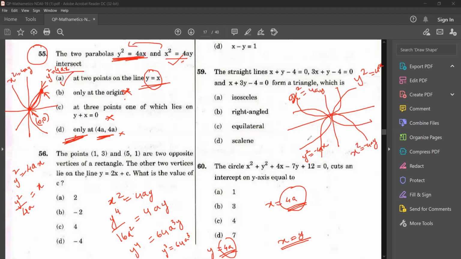Then only you will be able to answer the questions related to parabola. You have to identify which type of parabola it is. So this is positive for x, this is negative for x, this is positive for y, this is negative for y. Okay, moving on to next question.